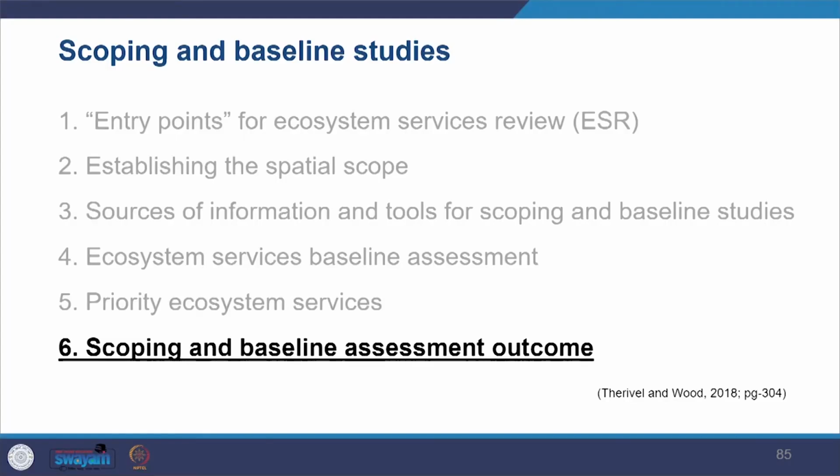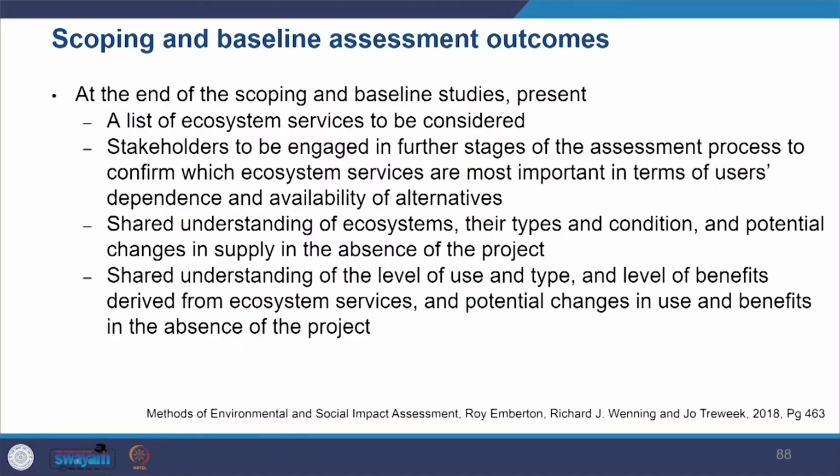Now we will see the scoping and baseline assessment outcomes. So, you have done all these assessments, and what will your outcome be like? At the end of scoping and baseline studies, what are you going to present? You are going to present a list of ecosystem services to be considered to the decision makers.